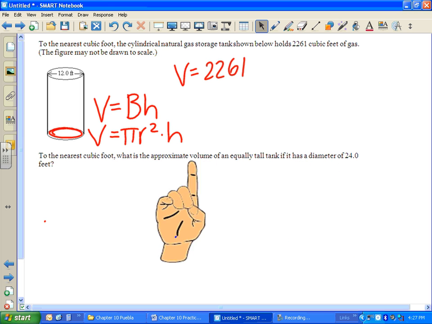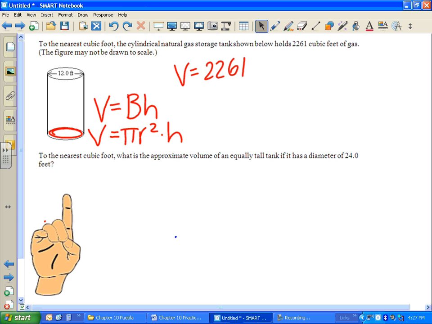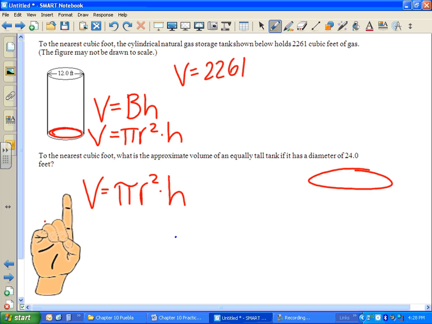What happens if the diameter is wider now, if it's 24 instead of 12, what happens to the volume, and what happens if it's the same height as this one? But guess what? We don't know what the height is yet.